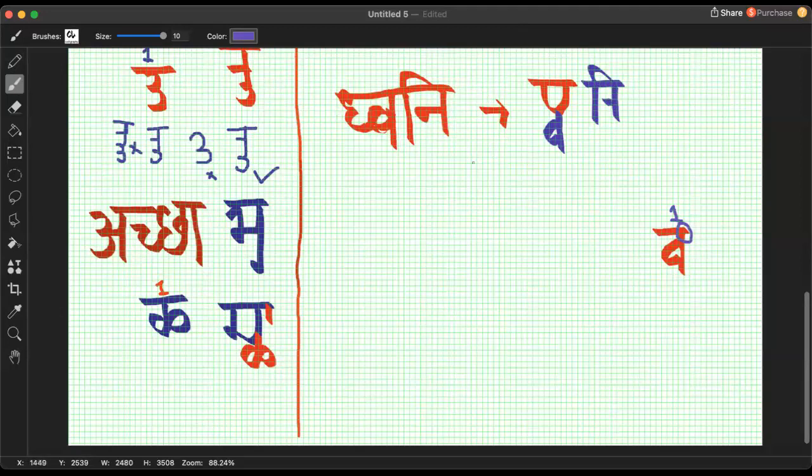So this is the first conjunct rule that we learned. If the alphabet is touching the Shiroreka once, and if it is added as a conjunct, this Shiroreka will not be written. It will be using the Shiroreka which is on the alphabet above that.